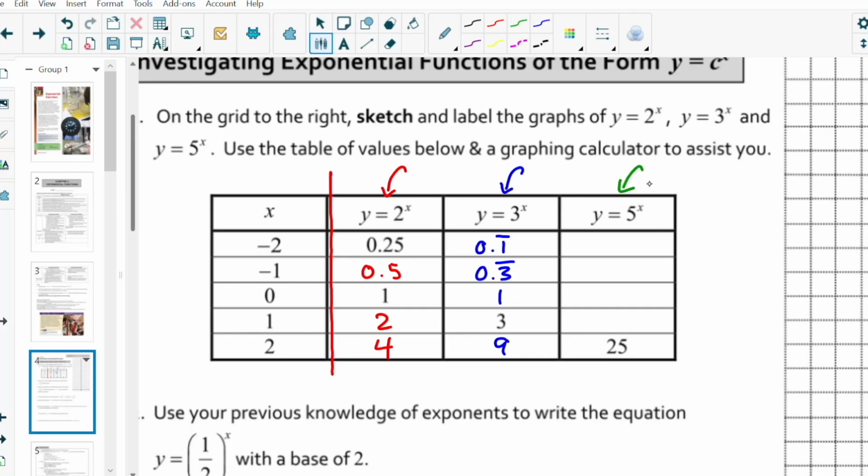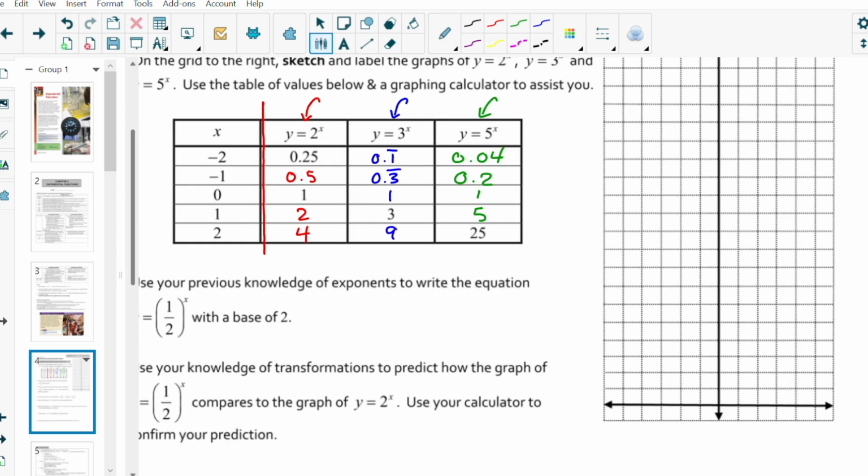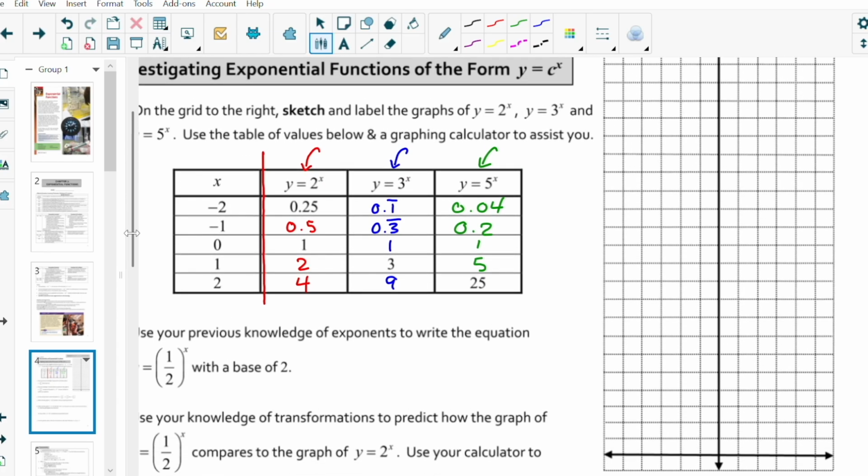Okay, last one, y equals 5^x. Let me just fill these in. Okay, let's go ahead and graph these.